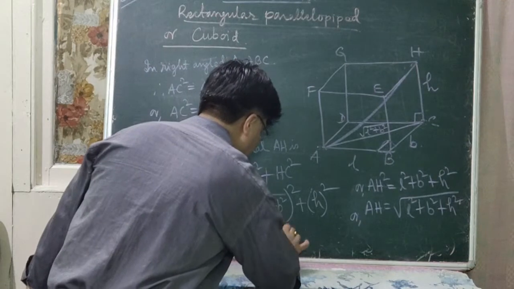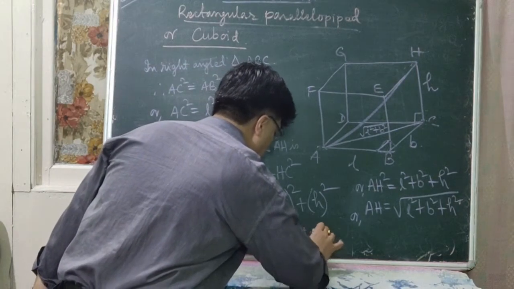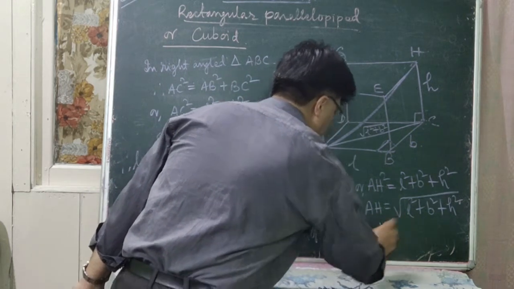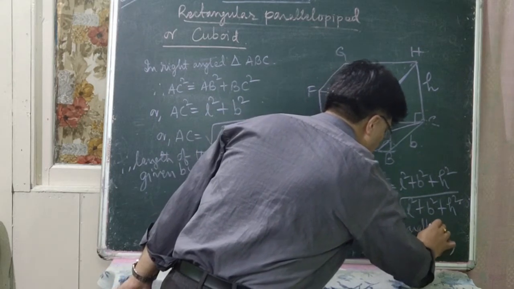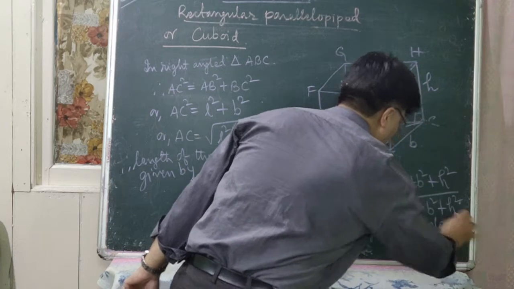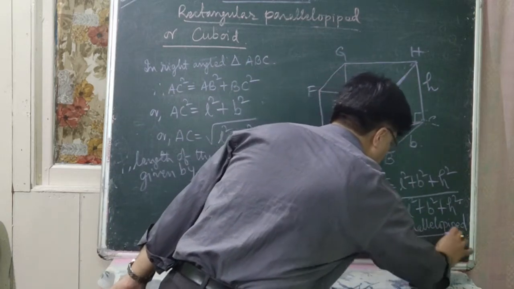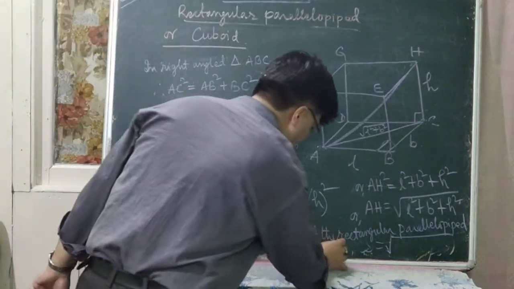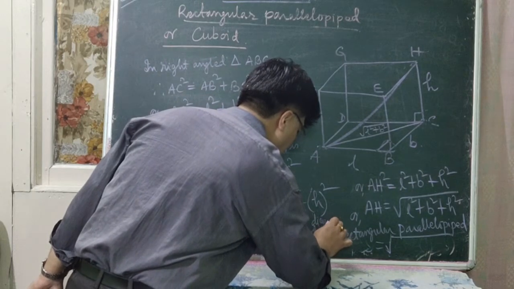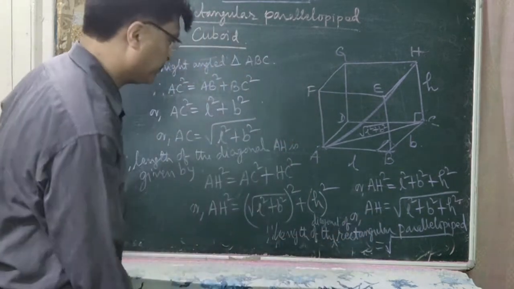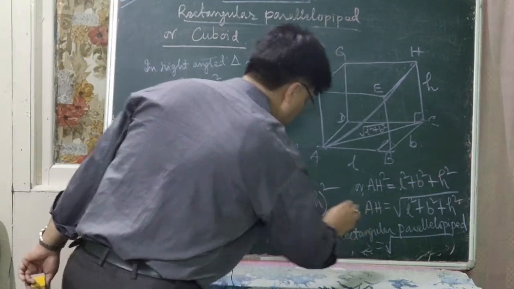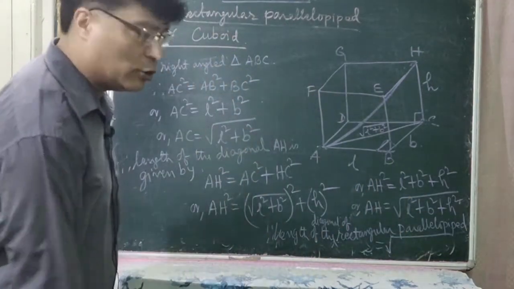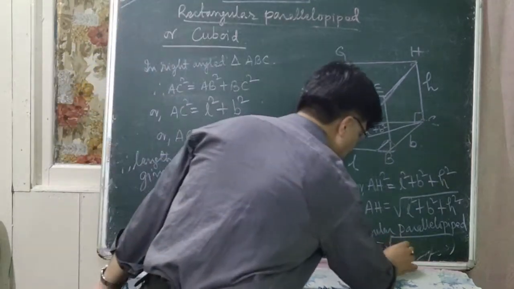So write down, therefore, the length of the diagonal of the rectangular parallelepiped, or you may write cuboid, is equal to, what is the formula?